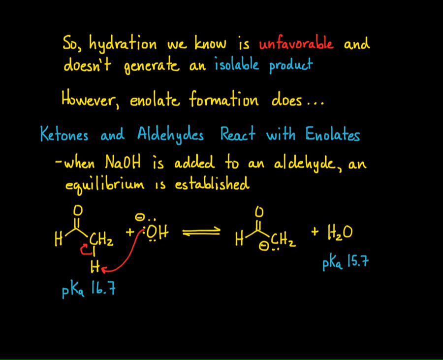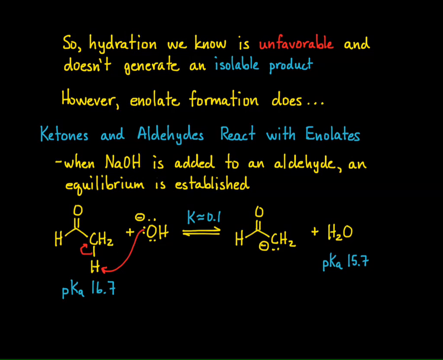If we know the pKa's, we can approximate the equilibrium constant for this reaction. So there's a difference in pKa of about 1, which means that there is a tenfold difference in the concentration of products to reactants. And of course, since acetaldehyde is the weaker acid, that equilibrium is going to be favored toward the left, toward reactant formation. And so we get an equilibrium constant that is about 0.1.